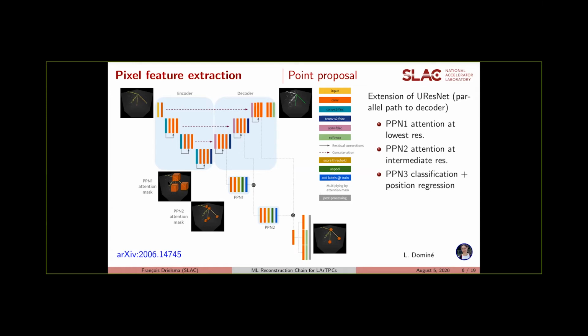So you can see the network has put boxes where it believes there are interesting points in the image. Then you use another PPN2, which extracts features at the intermediate resolution to narrow down this prediction. And then finally, you use the features extracted at the original resolution to narrow the prediction down to an exact point in the image.